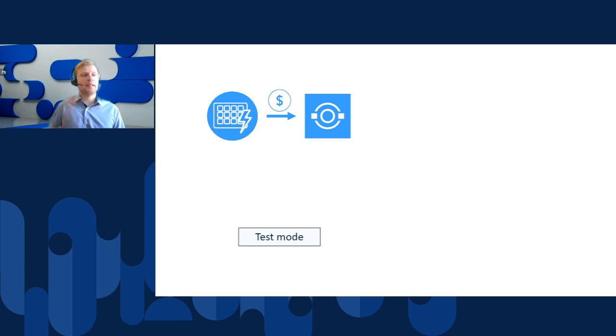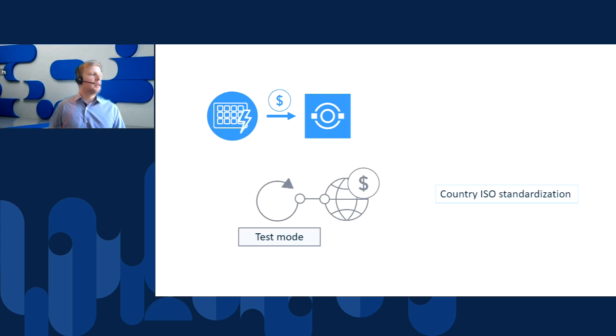The other thing is that locate requires country values be in ISO 2 or 3 character codes. And if your data isn't already structured in that way, the step has a built-in option that allows you to automatically standardize country names before calling the API.